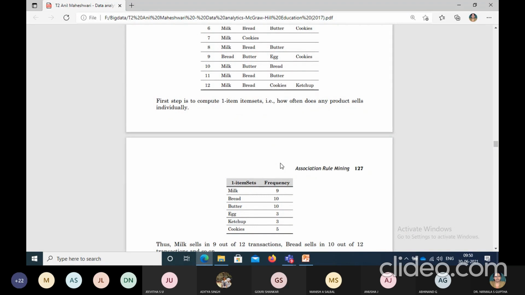Like the one item set we will be computing. Any doubt in this? Okay. So at every point you need to analyze and understand something. There is an opportunity to select some items of interest out of these values.